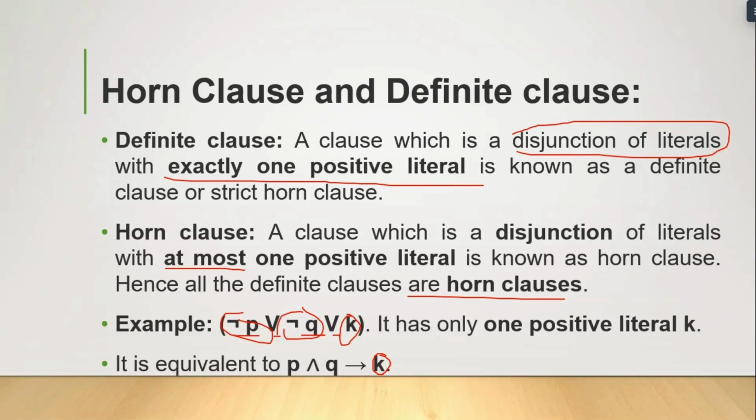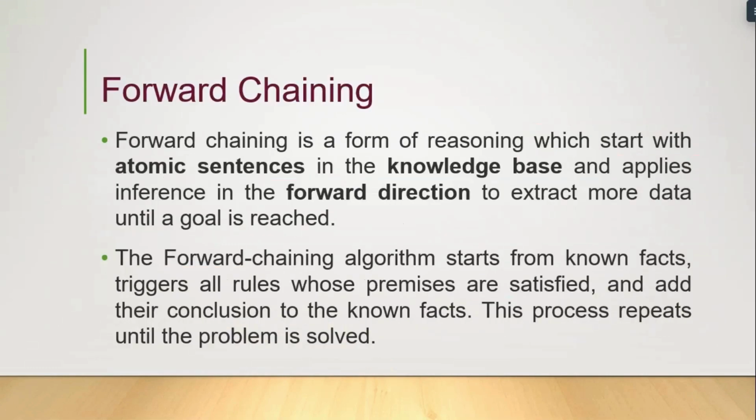So let us discuss forward chaining. Forward chaining is a form of reasoning which starts with atomic sentences in the knowledge base and applies inference in the forward direction to extract more data until the goal is reached.